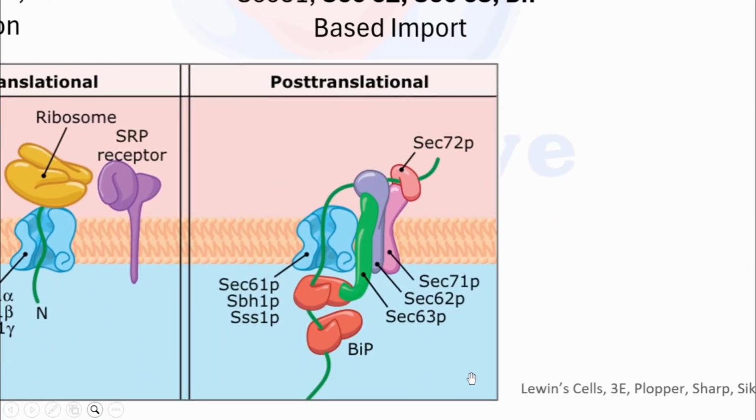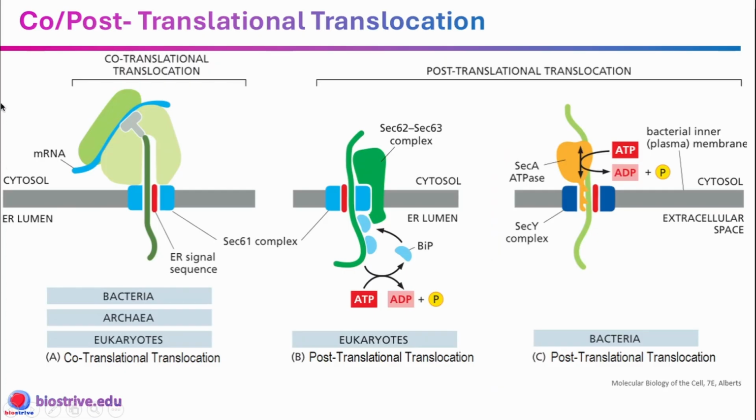As you can see here, different proteins are involved in post-translational translocation. Here's the subtle comparison of co-translational translocation and post-translational translocation. In co-translational translocation, we have a ribosome pushing down this protein, preventing backsliding. We have the cleaved off ER sequence which will be transferred through the lateral gate on this membrane and will be degraded eventually.